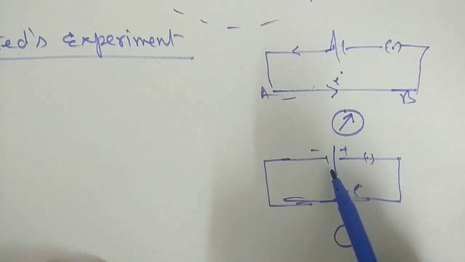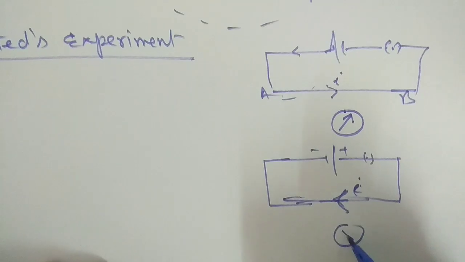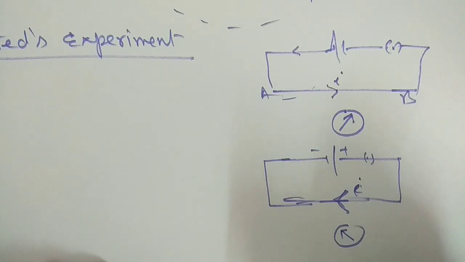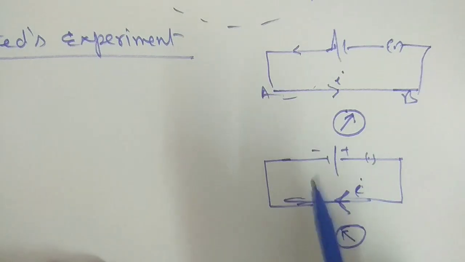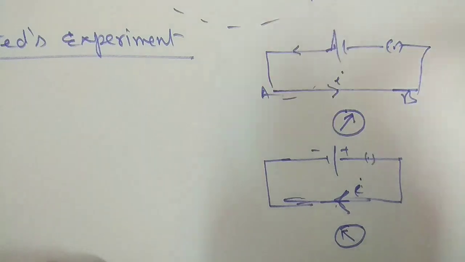Now by interchanging the polarity, the direction of the current is changed, and we see the deflection in the magnetic compass also changed. So it confirms that electric current produces a magnetic field around a conductor.